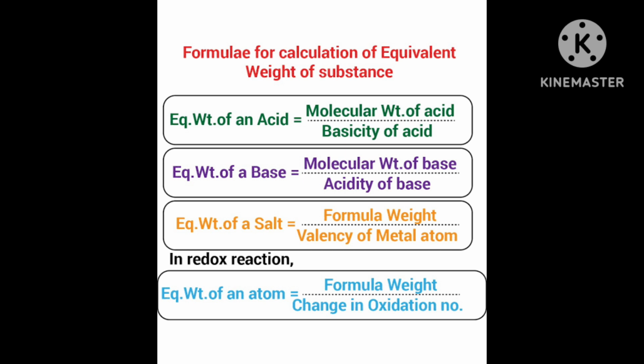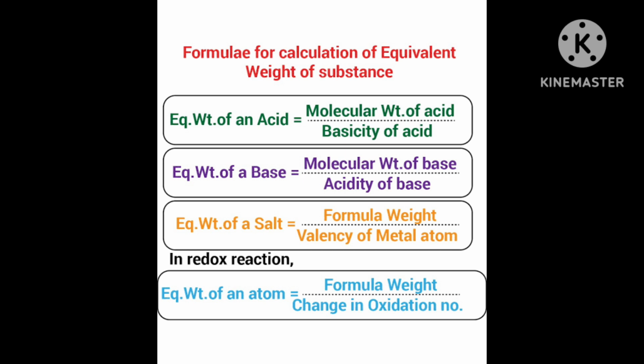Now in terms of hydrogen you know 1.008 parts by weight. Second, 8 parts by weight of oxygen. And third, 35.5 parts by weight of chlorine. All three are very, very reactive. That's why it is compared with hydrogen, oxygen and chlorine.